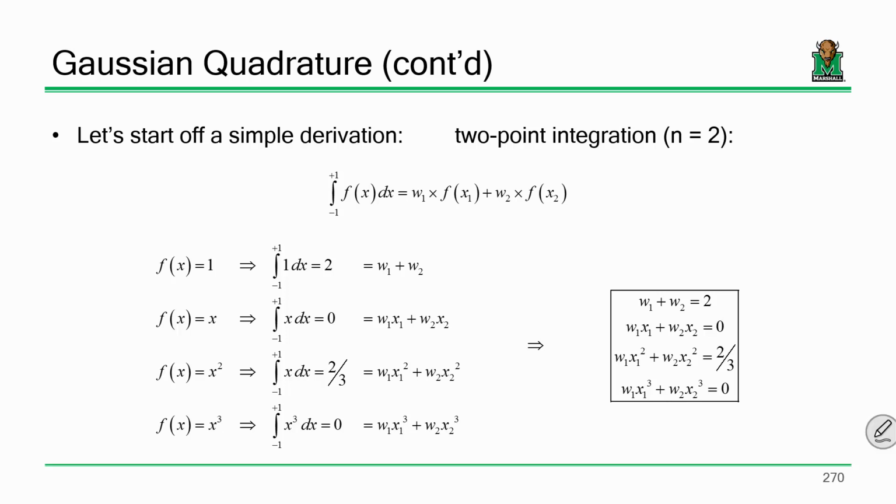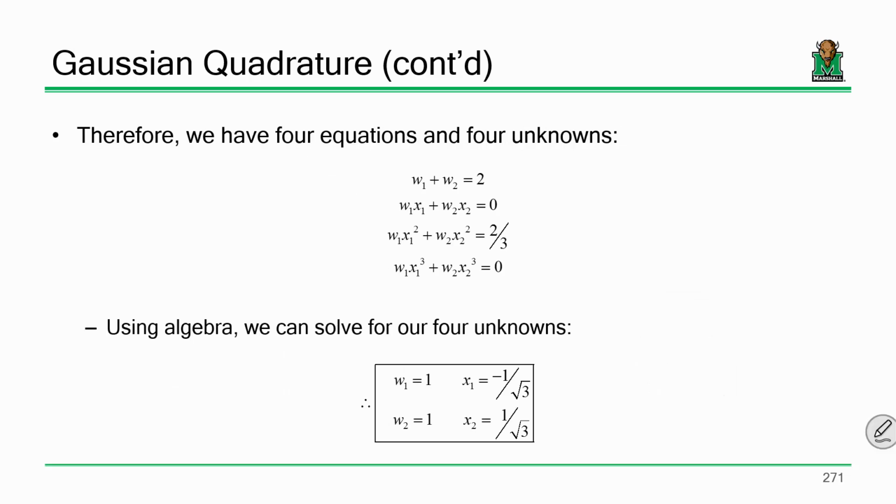So see how I'm doing W1 plus W2, W1x1 plus W2x2, W1x1 squared plus W2x2 squared, W1x1 cubed plus W2x2 cubed, and I'm going down until I've got 4 equations and 4 unknowns, right? Everybody okay with this?